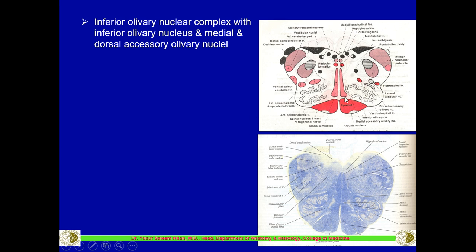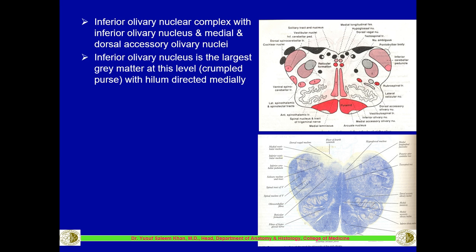Here is the medial accessory olivary nucleus and here is the dorsal accessory olivary nucleus. So the inferior olivary nucleus along with the medial as well as dorsal accessory olivary nuclei will form a complex. This is called the inferior olivary nucleus complex.